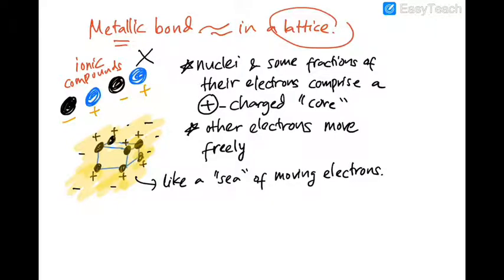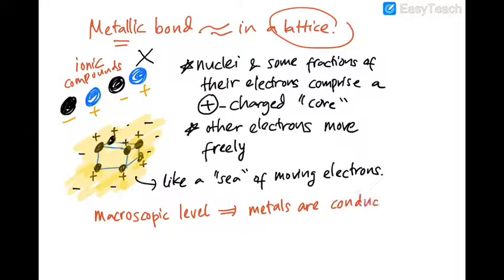And therefore, this is why at the macroscopic level you know that metals are conductive. They can conduct electricity, and they're also shiny. They're reflective. That's why we can see these properties at the macroscopic level.